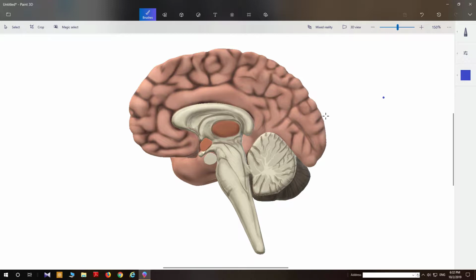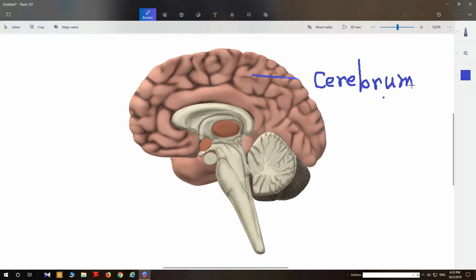So, let's first label it. This part is called cerebrum. Cerebrum.